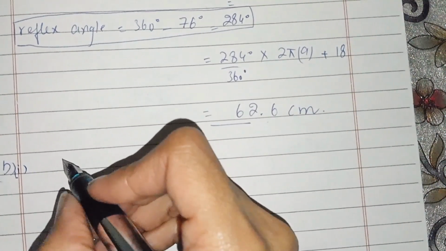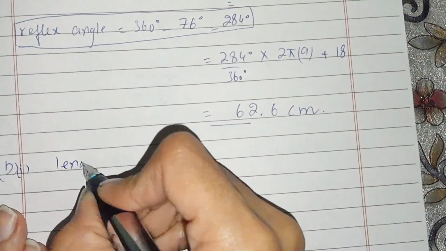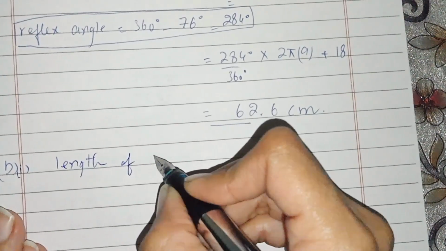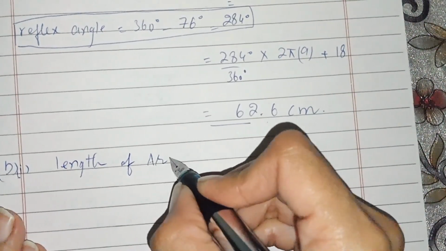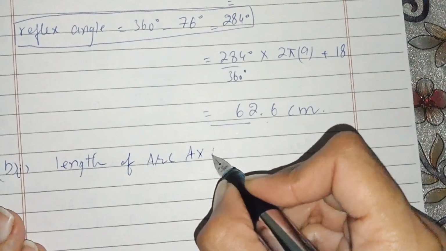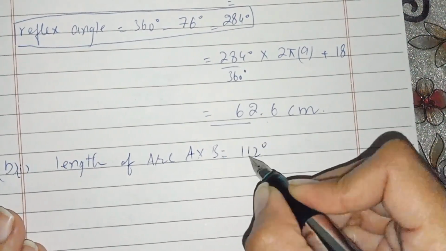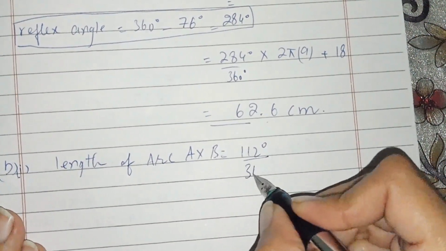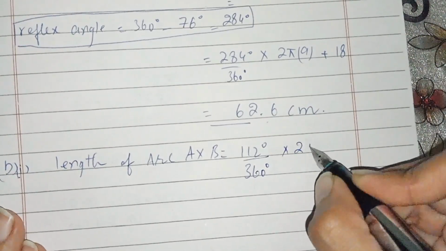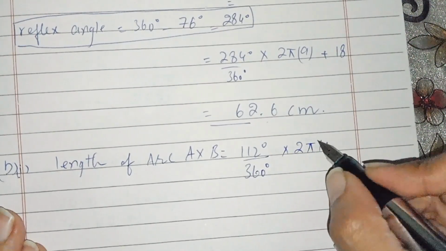In part number 1, length of arc AXB is 112 degree over 360, and circumference is 2 pi, radius is equal to 16.